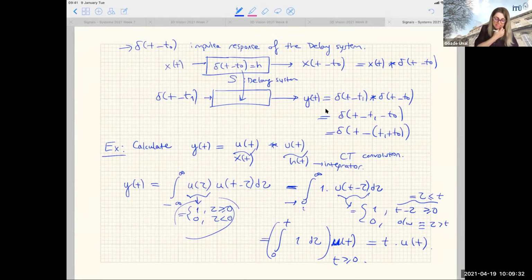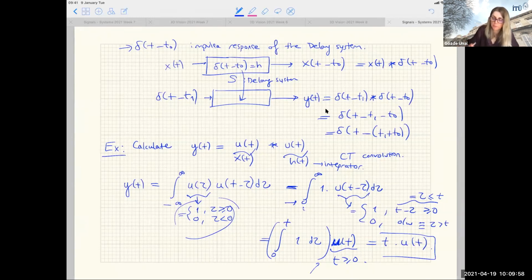But so this is a way, but for continuous time convolution, we always like to use this graphical way where we flip one of the signals and slide it over the other to see all these constraints of like u of t and things like that. So let's do the graphical method now.